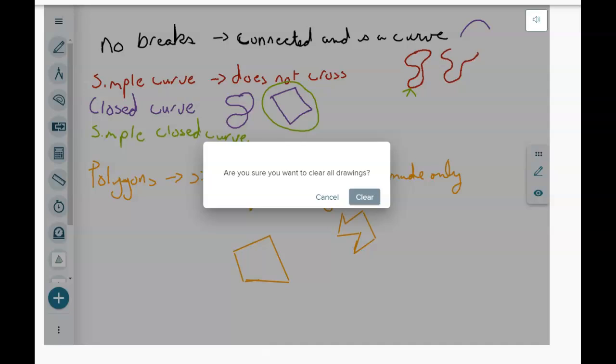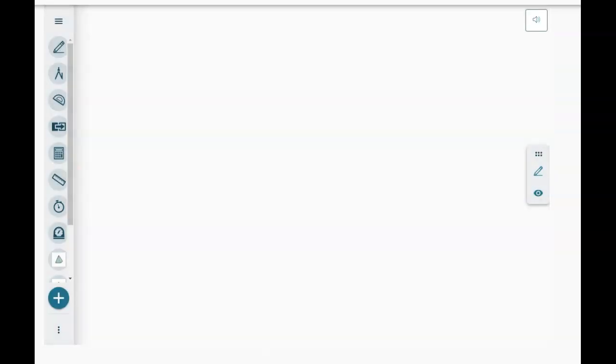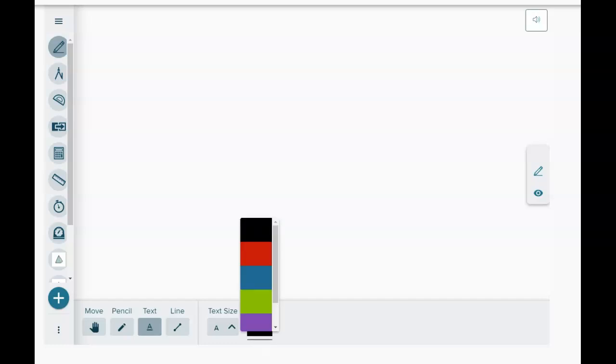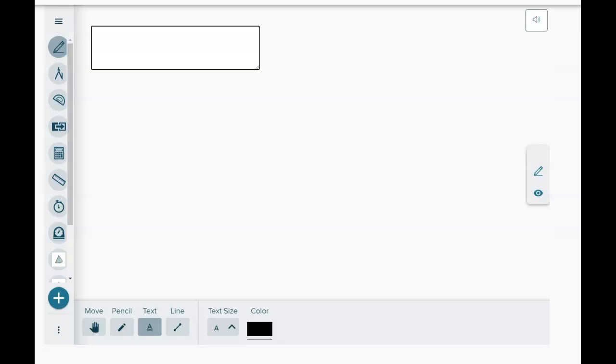Now, let's start fresh. Let me do some text here. So let's look at a convex, which is actually a simple closed and has no indentations.